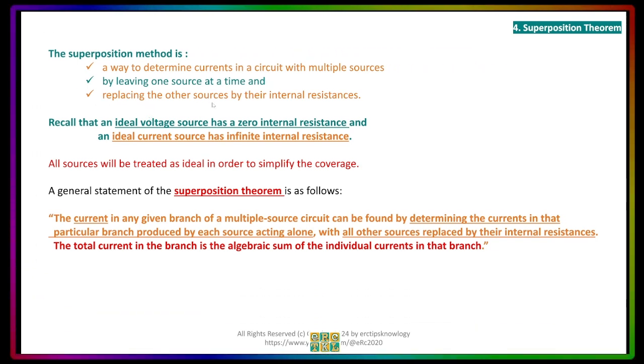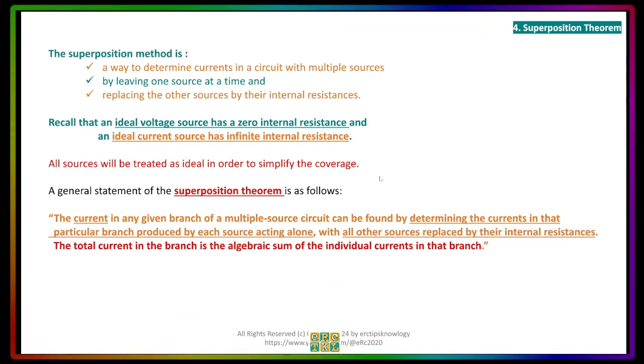We will also replace the other sources by their internal resistances. Recall that the ideal voltage source has zero internal resistance and the ideal current source has infinite internal resistance. Don't forget that note.